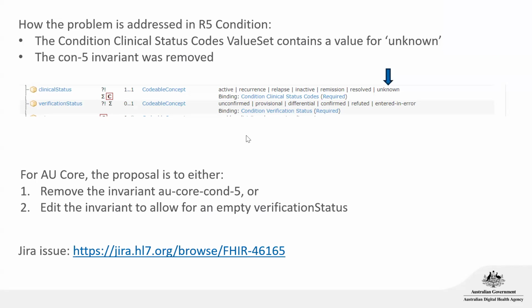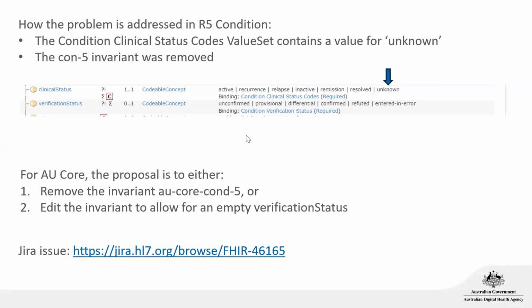My original proposal was to remove it, because in this case it wasn't working with the situation that I had, but also it seems that in R5 there's moves to remove the constraint altogether, and there's other ways of handling it.